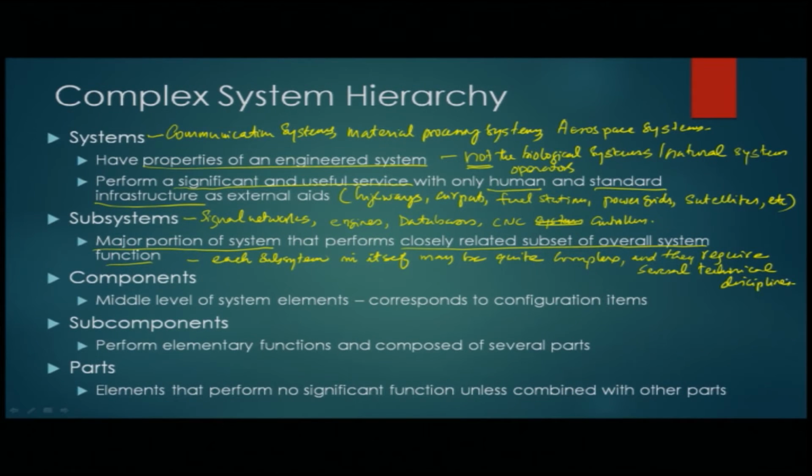Then we also talk about stuff called components. So the components are the middle level of the system elements. Earlier, components were considered equivalent to the lowest possible level, but now in this consideration we would look at them as the middle level of system elements, with some examples being signal receivers, database programs, database management systems.